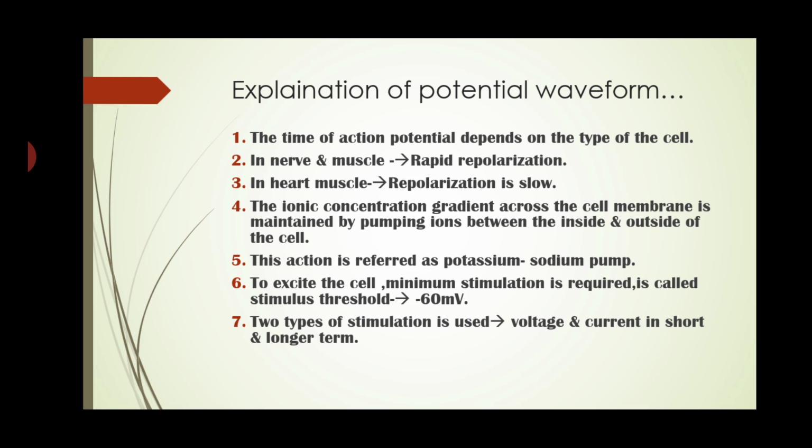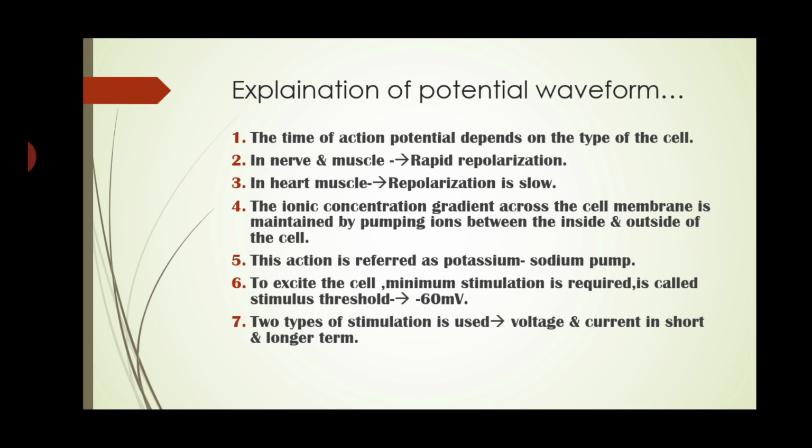To excite the cell, a minimum stimulation is required, which is called the stimulus threshold and is equal to minus 60 millivolt. Two types of stimulation are used, voltage or current. If you are using a short pulse, then the intensity of the voltage or current is higher.